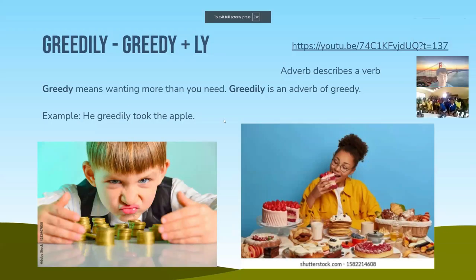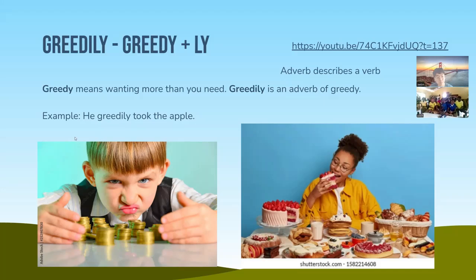Now, this word here, greedily, is a combination of greedy and the L-I-Y ending. Greedy means wanting more than you need, and greedily is an adverb of greedy. If greedy is an adjective, meaning that it describes a noun, greedily is an adverb and it describes a verb.